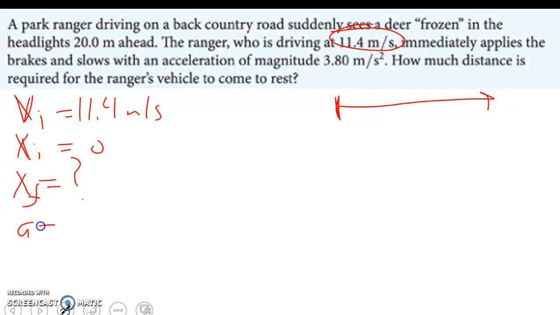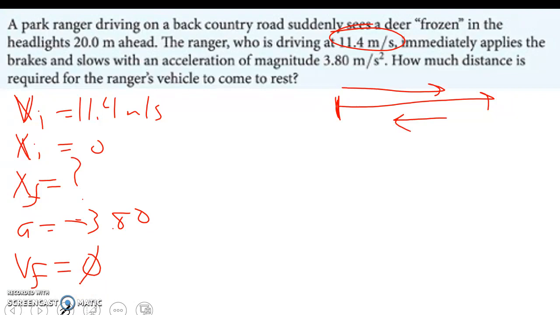We know our acceleration is 3.8, but it's going to be a negative acceleration, because if we're traveling this way at 11.4 and we slow down, our acceleration has to go the opposite way. So it's negative 3.8. And then our final velocity should be 0 because we're going to come to a stop, right? So we know we're trying to find final position. What are we missing? We're missing time.